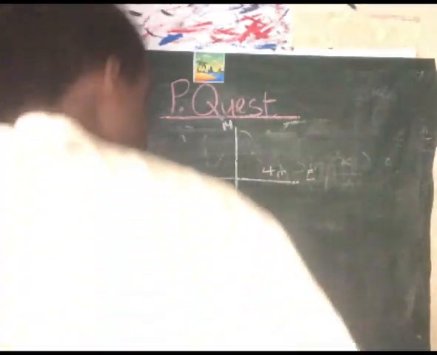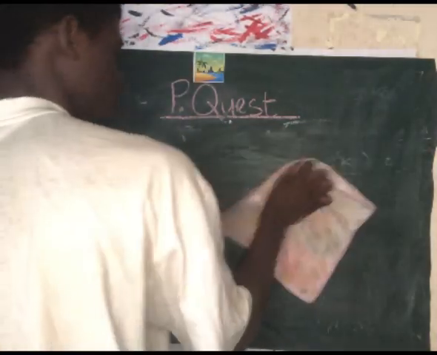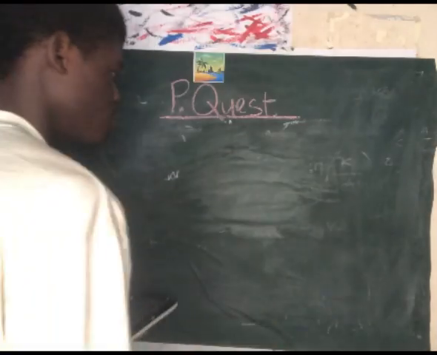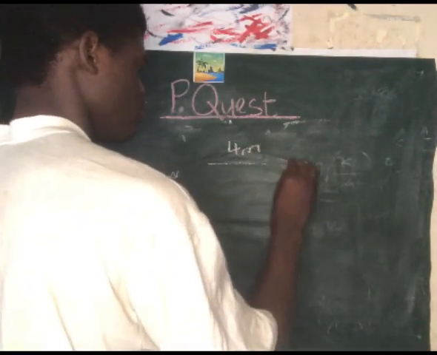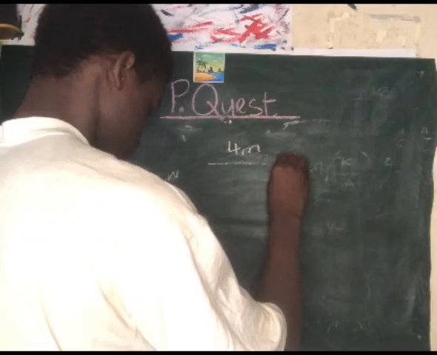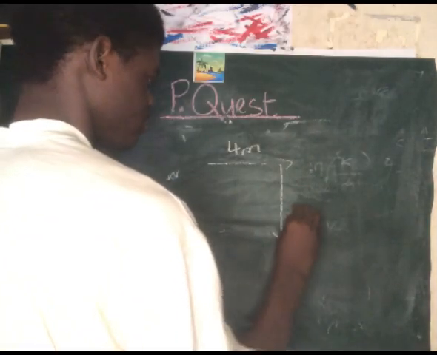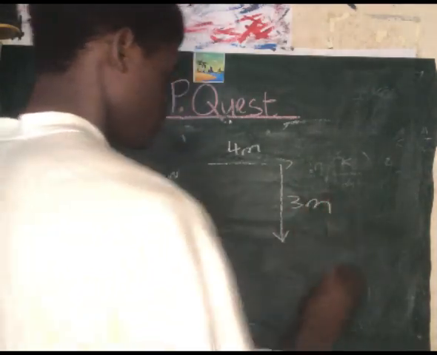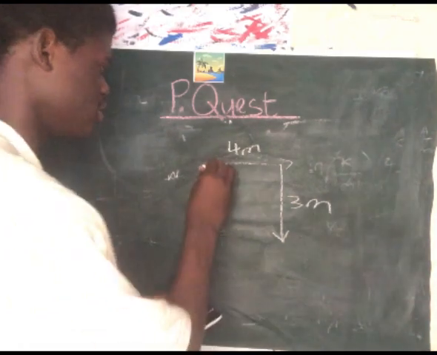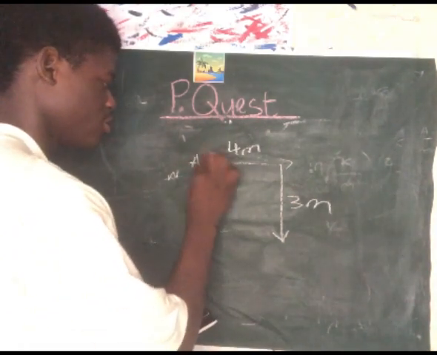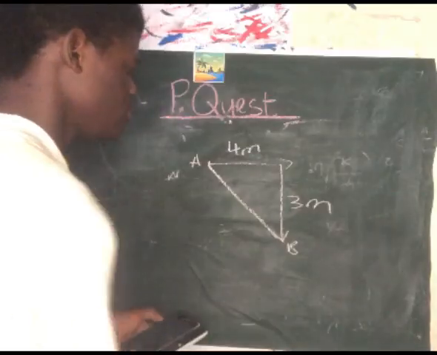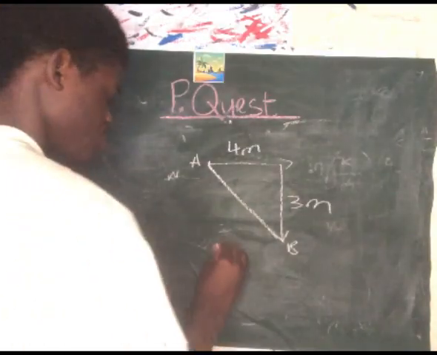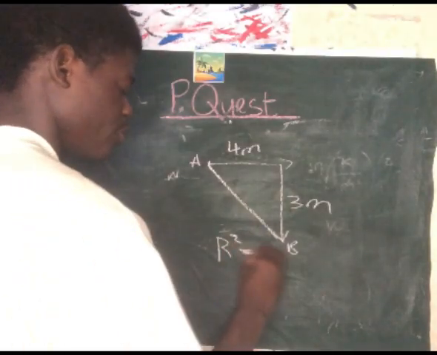So let's do it like this. If he walks 4 meters east, then he walks 3 meters south, directly south. Find the displacement. This is the displacement from A to B. So to find the displacement, we just use Pythagoras theorem.